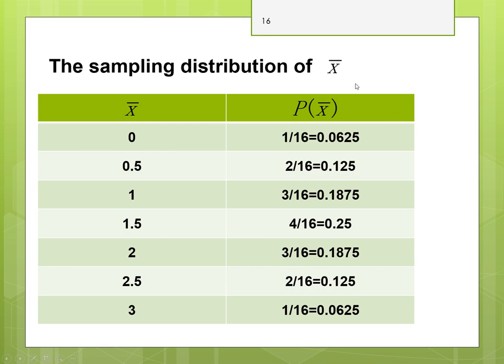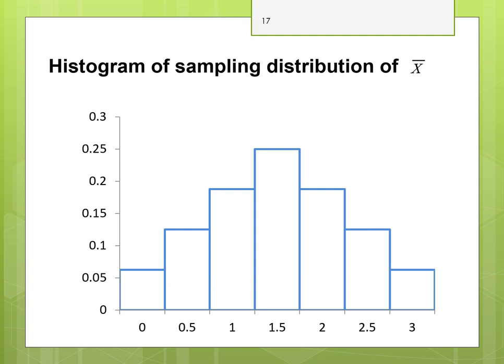Okay, so here this is the probability for each possible value of X bar. So this is the probability distribution of X bar. Actually, this is the sampling distribution of X bar. This is what we call the sampling distribution of X bar. Next one, we can use the histogram to represent the distribution.